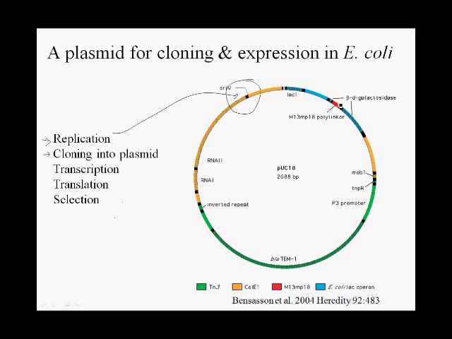Here, this little red segment called a polylinker. A polylinker is a set of 8 to 10 multiple restriction endonuclease cleavage sites, all placed right next to each other.